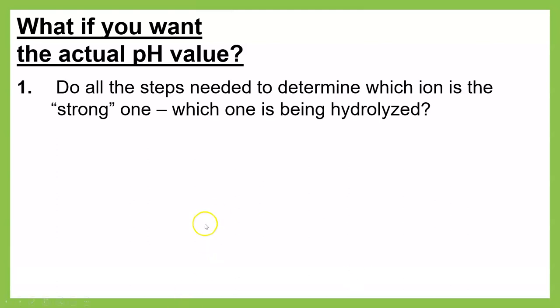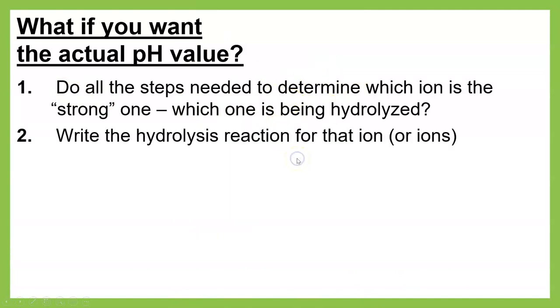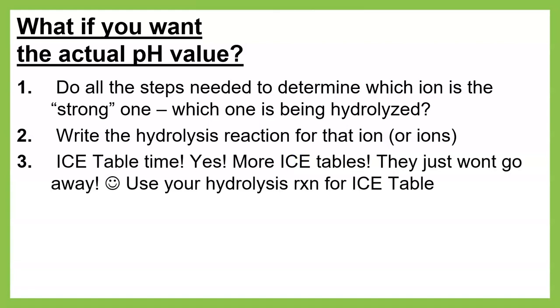Once you figure out which thing's being hydrolyzed, then what you're going to have to do is write out an actual reaction for that ion reacting with water. And then, what do you think we're right back to? More ICE tables.